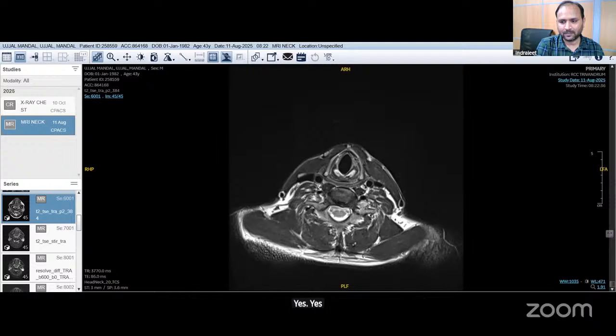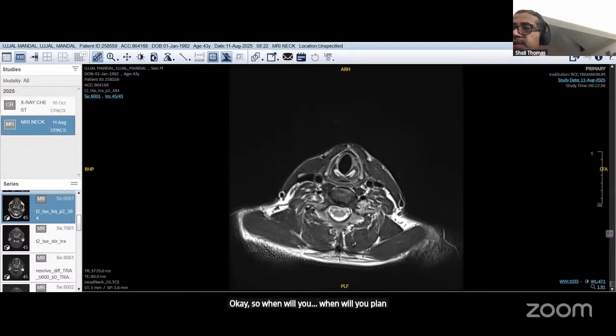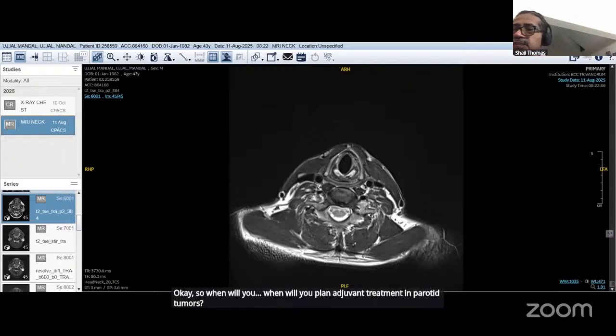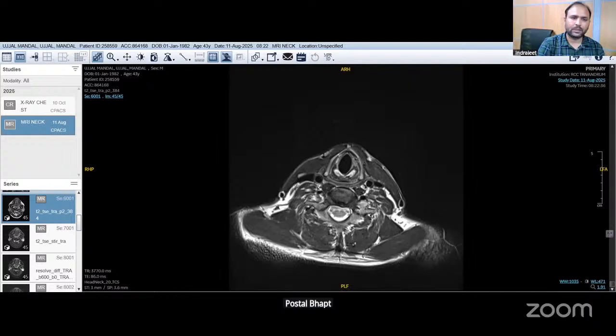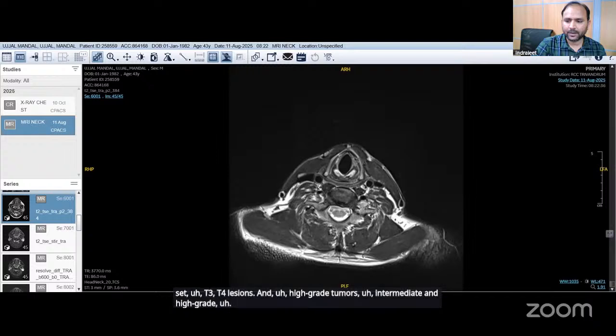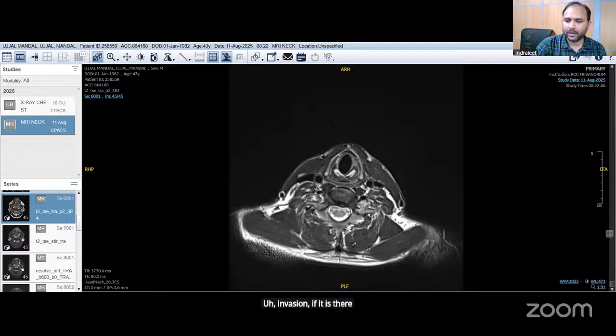Okay. So when will you plan adjuvant treatment in parotid tumors? Post-op RT? Sir, T3, T4 lesions and high-grade tumors, intermediate and high-grade tumors, when there are lymph nodes, when there is perineural invasion, lymphovascular invasion, clinically N plus neck, or positive or close margin.